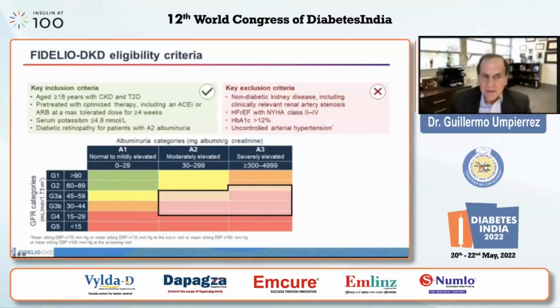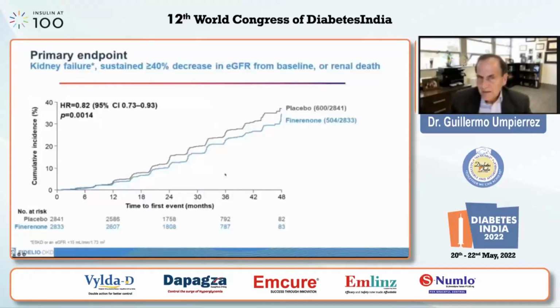These patients already have proteinuria and decreased GFR. They have diabetic kidney disease, significant with proteinuria between 300 mg and 5 grams. And these studies show that the primary endpoint, the need for dialysis or sustained reduction of GFR of more than 40%, was reduced by 20%.